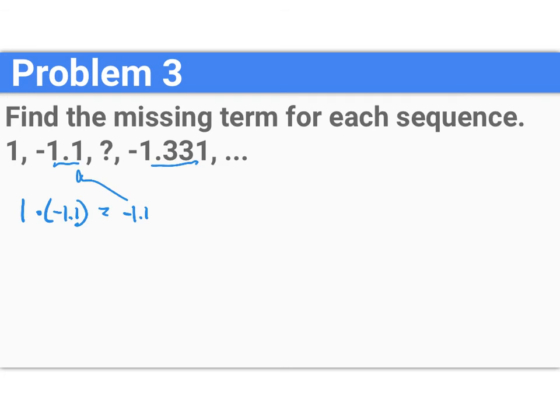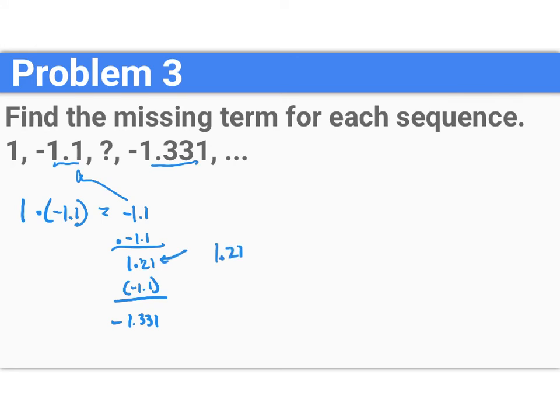But what if I multiply by negative 1.1 again? I get positive 1.21. If I multiply by negative 1.1 again, I get negative 1.331. Look at that. So our missing term was 1.21. And how did I figure that out?